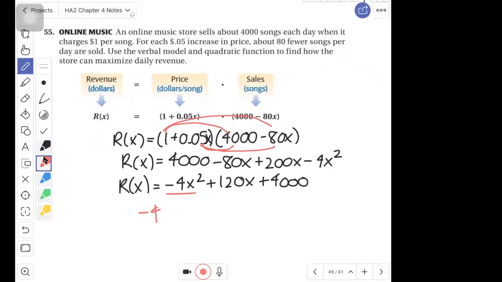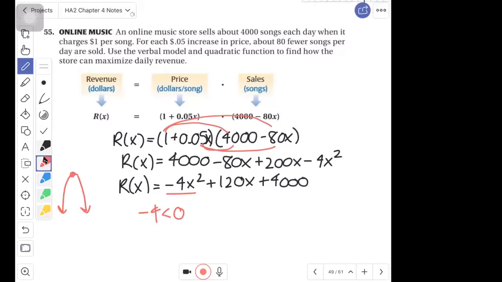It would tell you that it'll be going down. Yeah, it's going to open down. That negative 4 is less than 0, which means that this function looks like this. So Lacey, are we going to have a max or a min when we find that vertex? Max. That vertex will be a max.